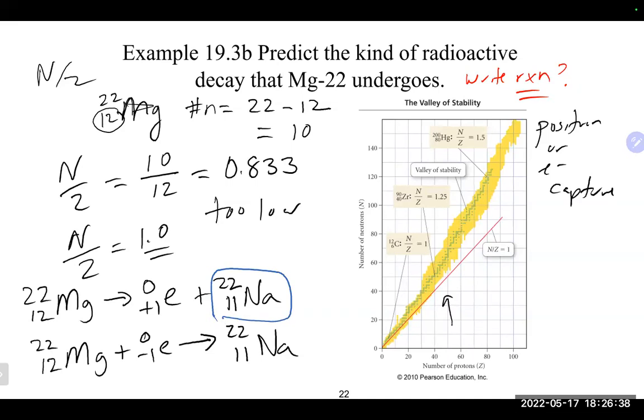Which is sodium-22, which means for our sodium-22, it has 22 minus 11, which would be the number of neutrons. 22 minus 11 is 11, which means its ratio would now be 11 divided by 11, which would be 1.